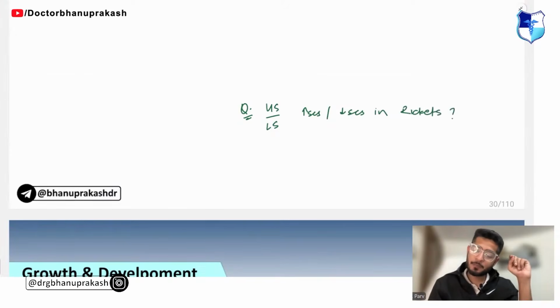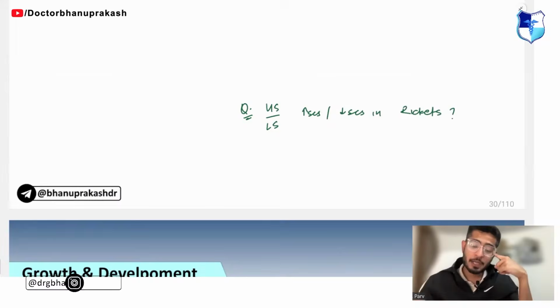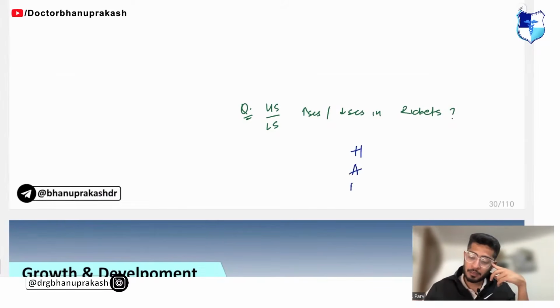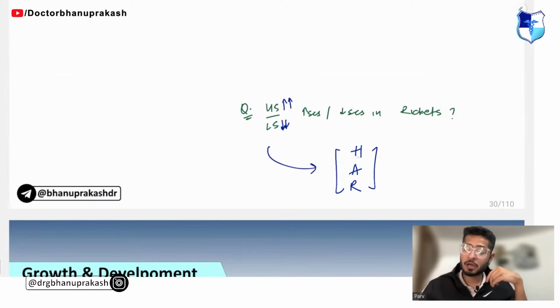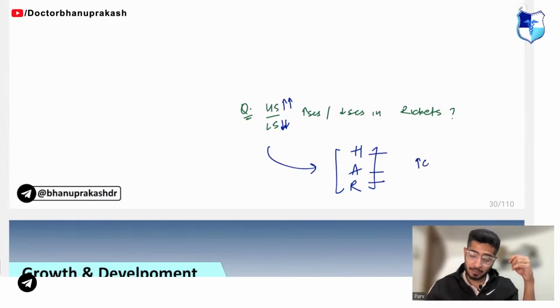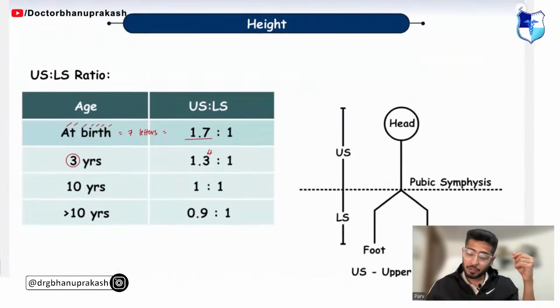I told you, HAR is the mnemonic. If upper segment to lower segment ratio goes up, I will lose. So hypothyroidism, achondroplasia and rickets, in these the upper segment to lower segment ratio is going to increase.